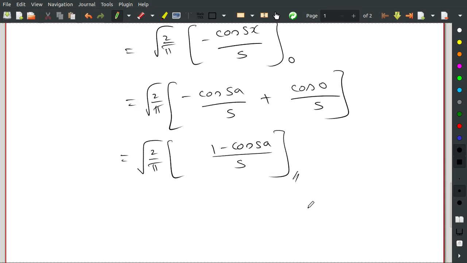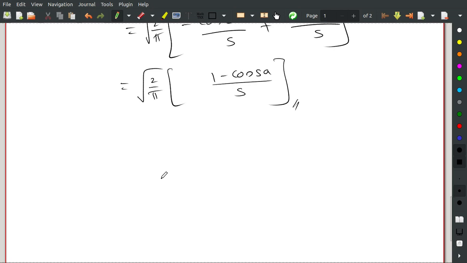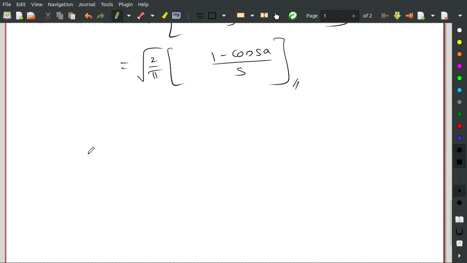Next we have to find the cosine transform. The Fourier cosine transform equals root 2 by pi integral 0 to infinity f of x cos sx dx.